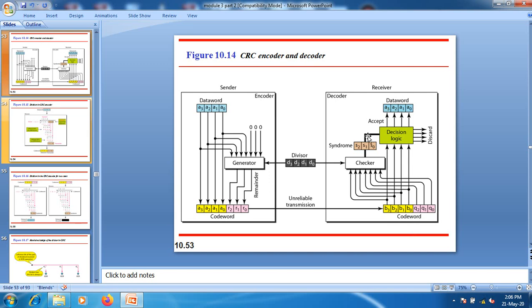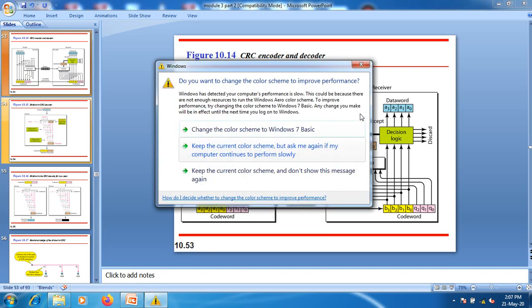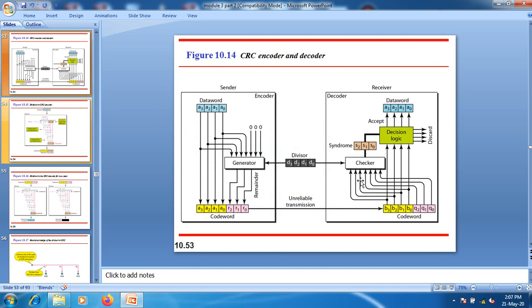Here the destination receives the code word and passes it through the checker. The checker performs the modulo 2 division operation and computes the syndrome, an m-1 bit syndrome, and those bits are passed through this decision logic.